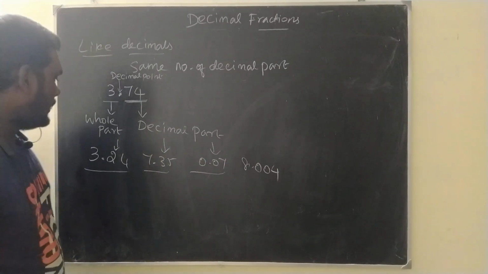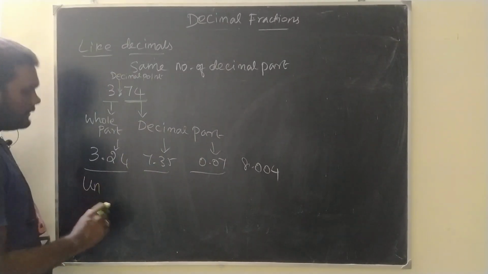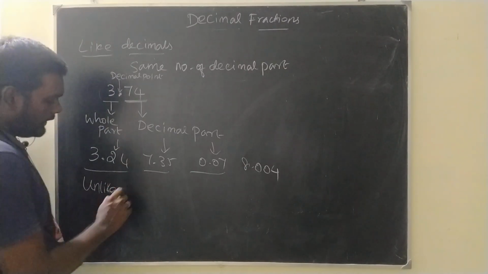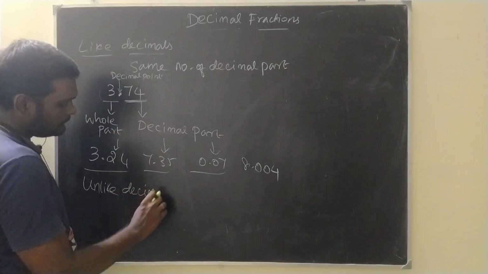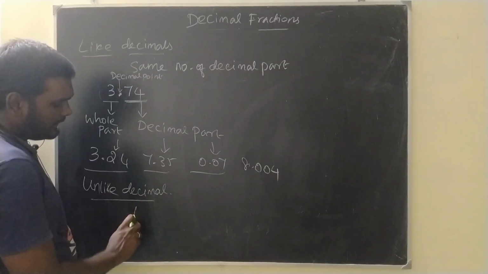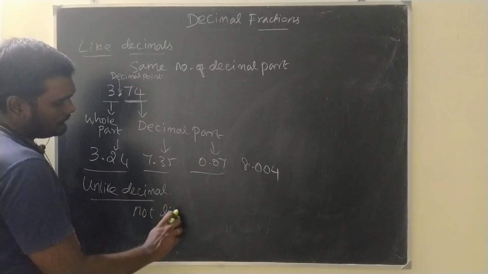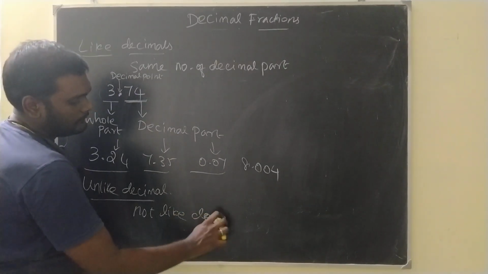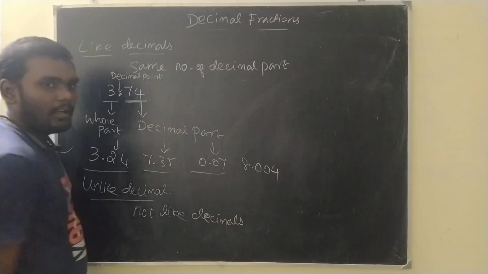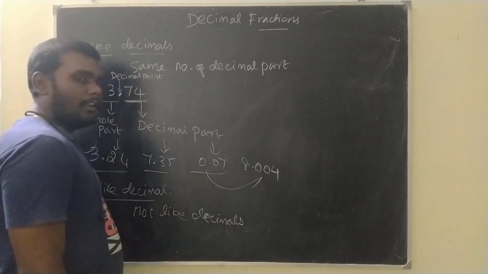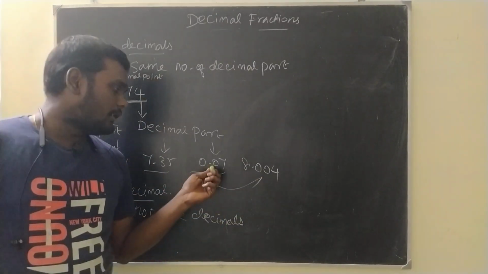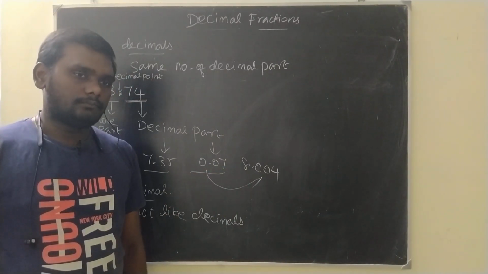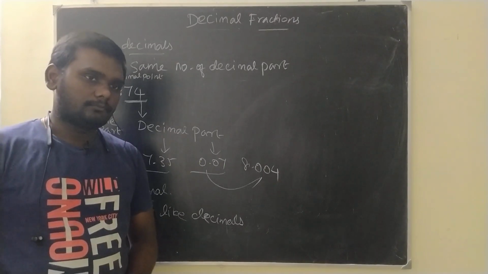And unlike decimals, what do you think? If it is not like decimals, then it is unlike decimals. See, these are unlike decimals, because here there are two decimal places, there three decimal places. Okay.